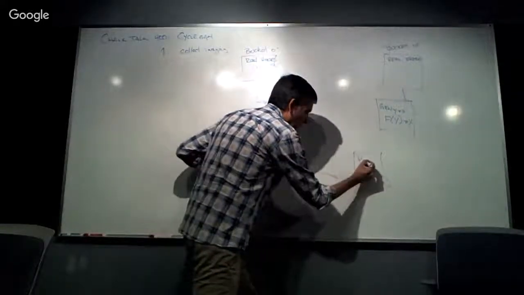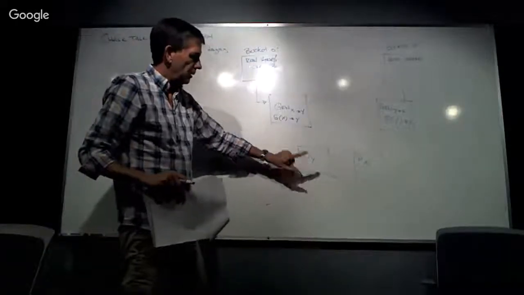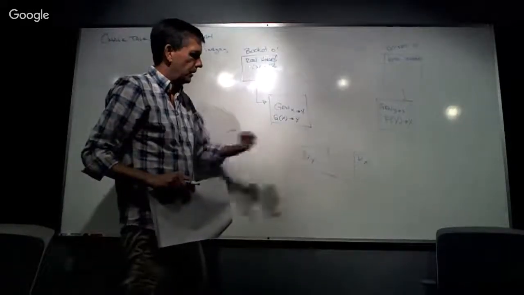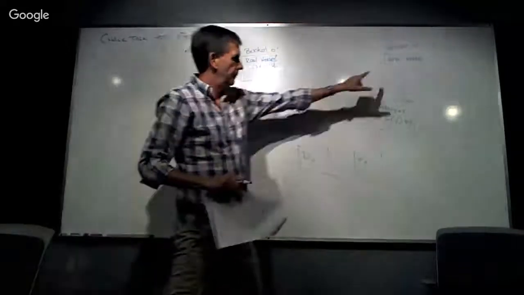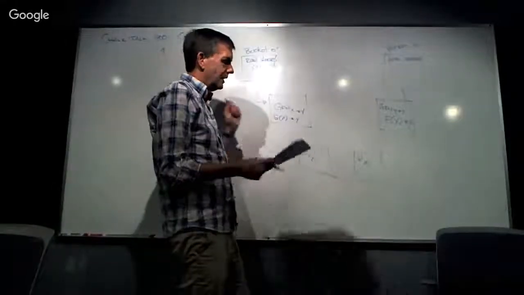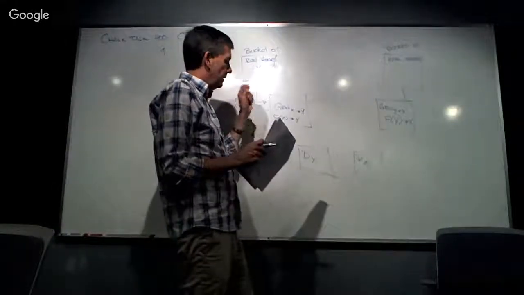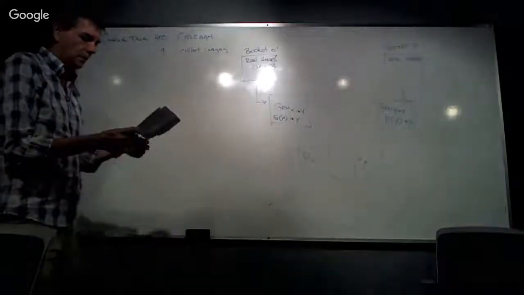Discriminator Y, discriminator X. So this discriminator is going to start getting really good at determining whether or not the image that you're producing actually looks like a zebra. Okay. And this discriminator is going to start getting really good at determining whether or not your image that you produced looks like a horse. All right?